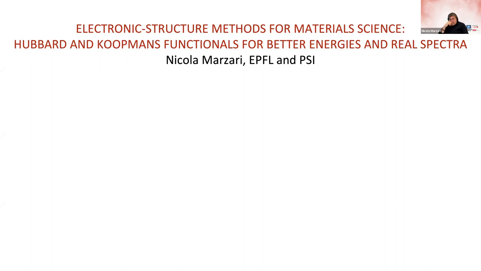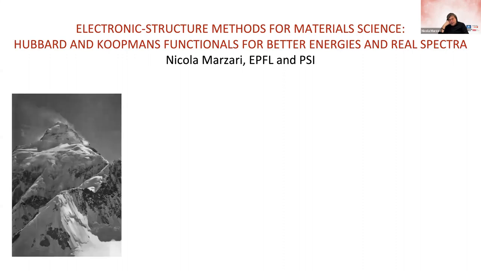When we started trying to get better energy functionals and functionals for spectral properties, we often talked about Jacob's ladder, but I felt that we were trying to climb a mountain. This is K2, the second tallest in the Himalayas.